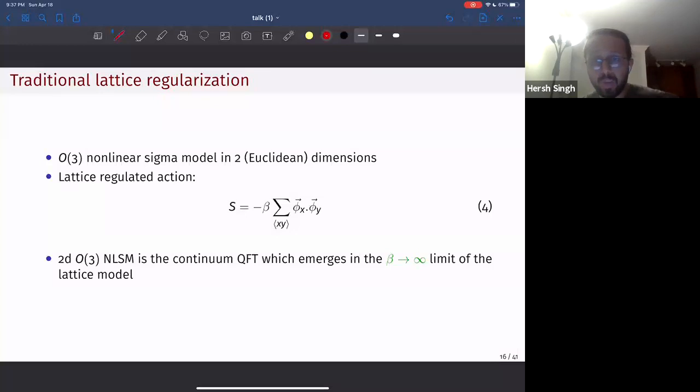I think it is now well established that it does have a critical point in 1+1 dimensions, at beta going to infinity. At that critical point, the correlation length diverges and you get a continuum field theory. You can define the O3 nonlinear sigma model by saying it's the theory you get by taking the continuum limit of this lattice model.